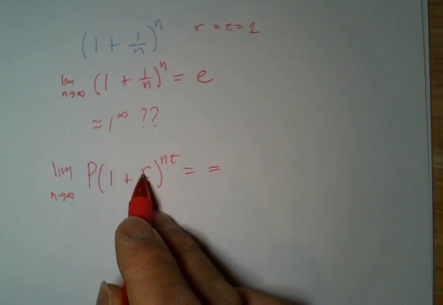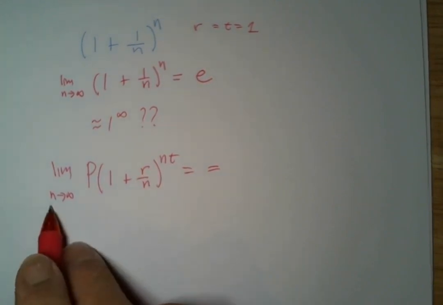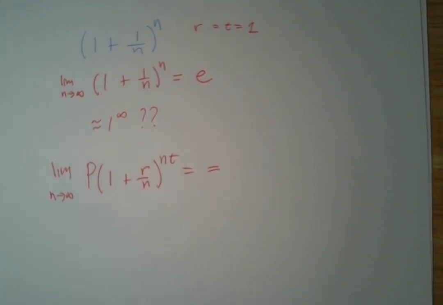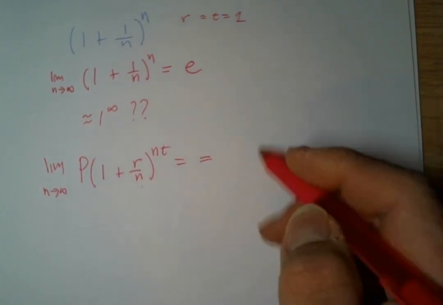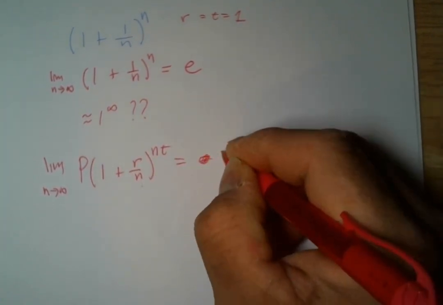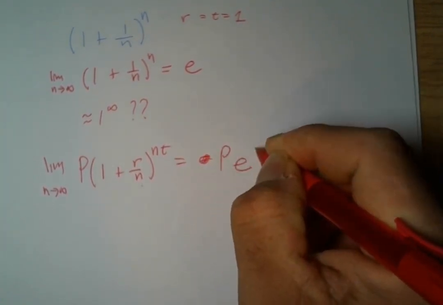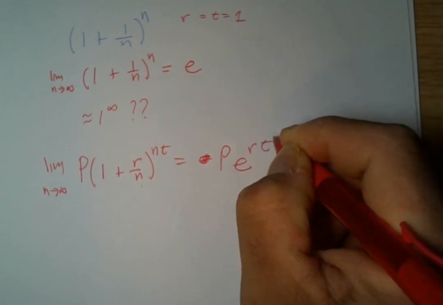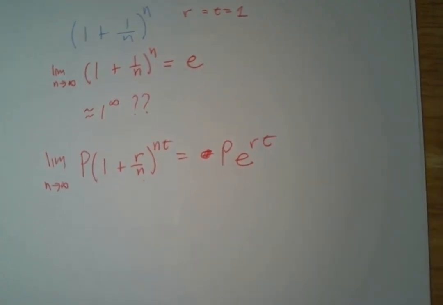The rest of these are fixed. R and T and P are fixed values, so they're not competing with n. N is the only one that goes to infinity. So this actually converges to this.